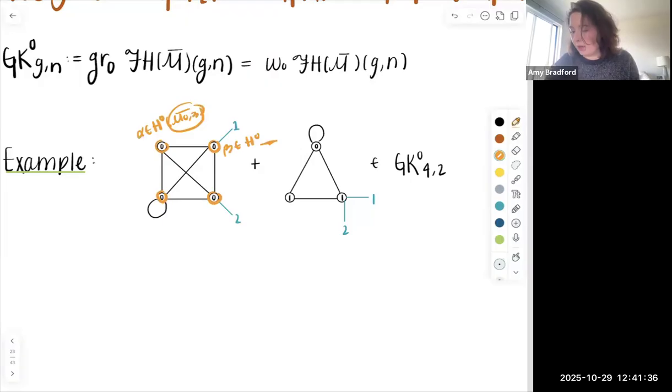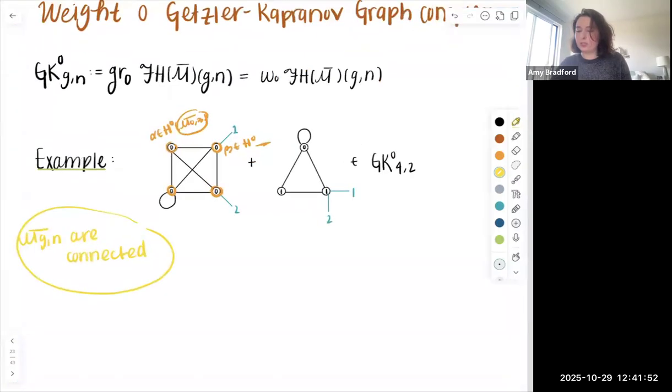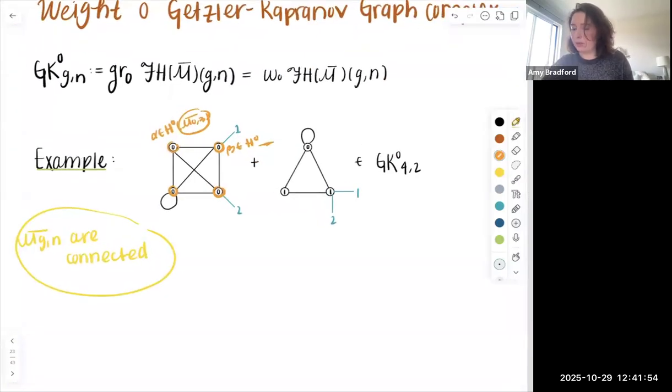And so this is the part that we're going to use, at the very beginning when I said that these MGN bars are all connected. And so because of that, H0 is just going to be a copy of Q. That's all that we're saying here.